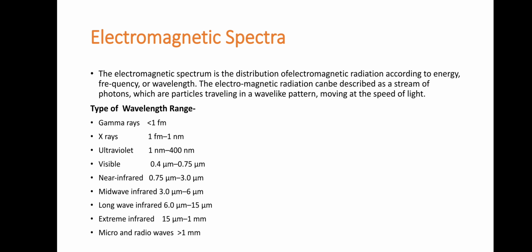For the ultraviolet region, the wavelength range is 1 nanometer to 400 nanometers. For the visible region, the range is 0.4 micrometer to 0.75 micrometers, which means it is from 400 nanometers to 800 nanometers. So generally in spectrophotometry we deal with this region, that is the visible region.